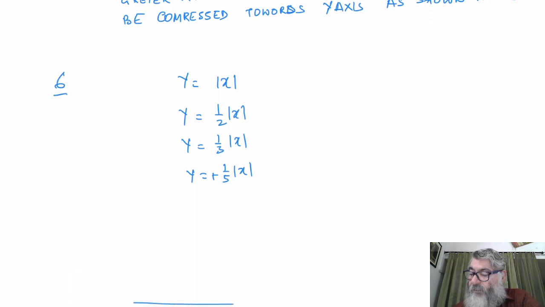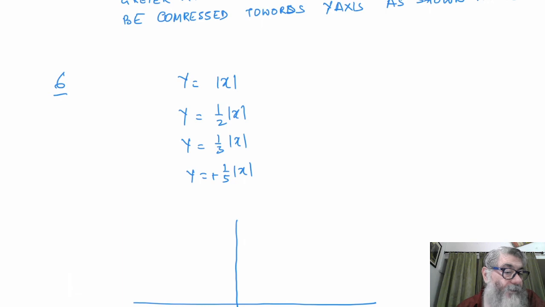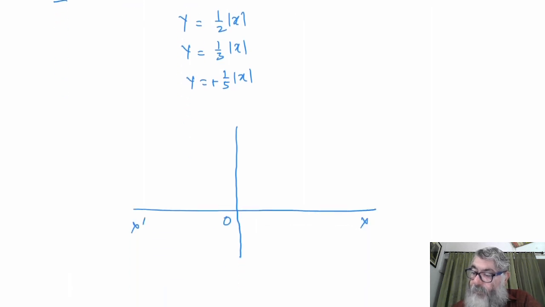The smaller the number, the greater will be the expansion. Suppose this is x dash, y dash.